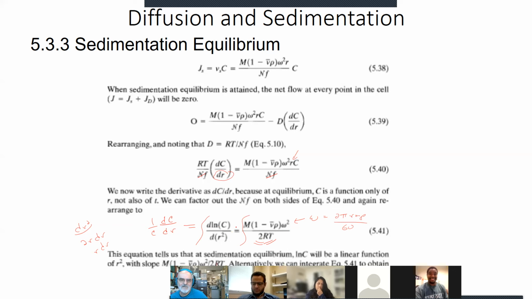When you integrate d ln c, you simply get the natural logarithm back, and you have limits of r0, the meniscus, to some position r. You go from some concentration at r0 to some concentration at r. And on this side, you go from r0, the meniscus, to r.